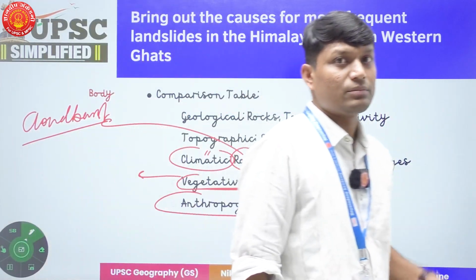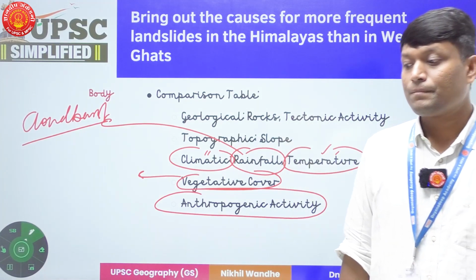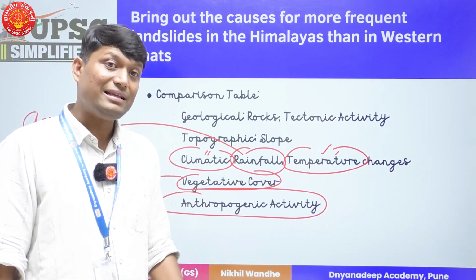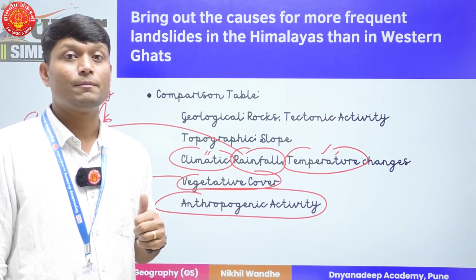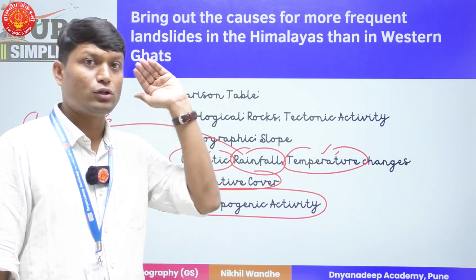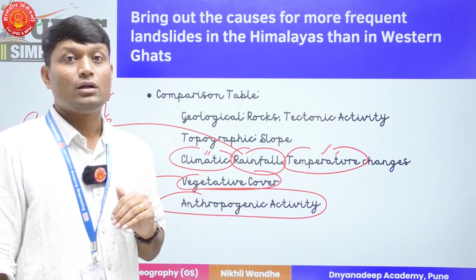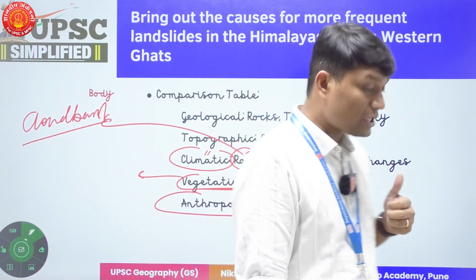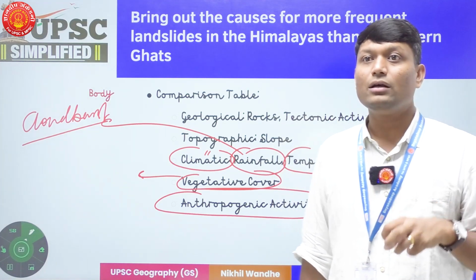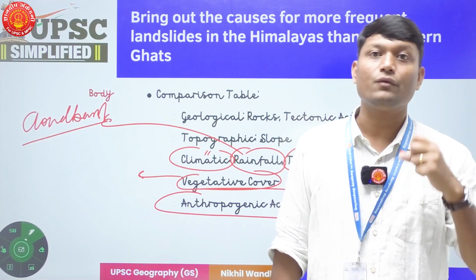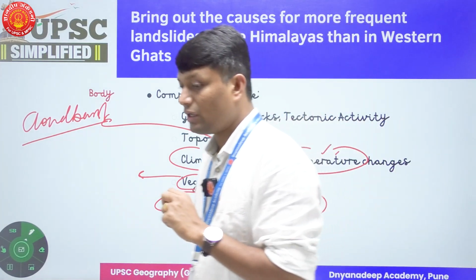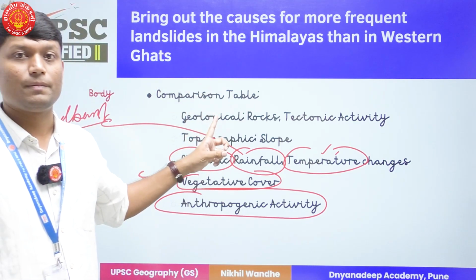Next, go for anthropogenic activity. Let's talk about tourism. The development of tourism is very, very high in the Himalayan region, and hence there is a lot of anthropogenic activity. There is a lot of built up area on the river banks and on the slopes. There is a lot of construction of public infrastructure, and this has resulted in destabilization of slopes. The same level of activity we do not find in Western Ghats.